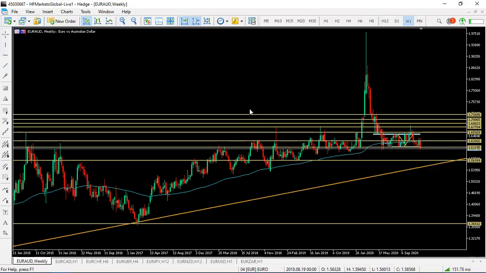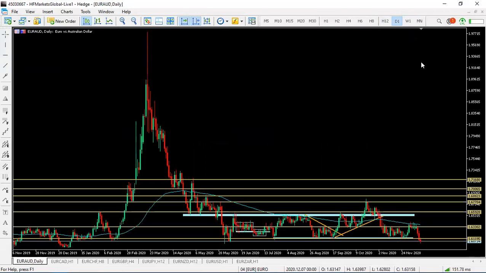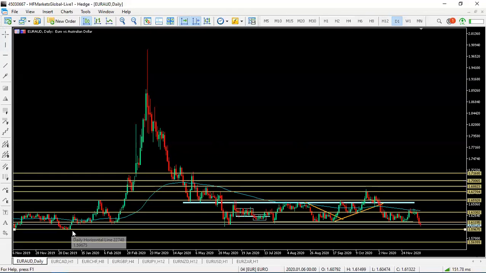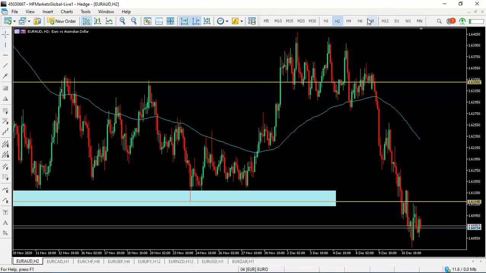Okay, so that's a possible position. But the main thing that we want to see is the market breaking below this point. Okay, but it's a good short position. It's not the worst.